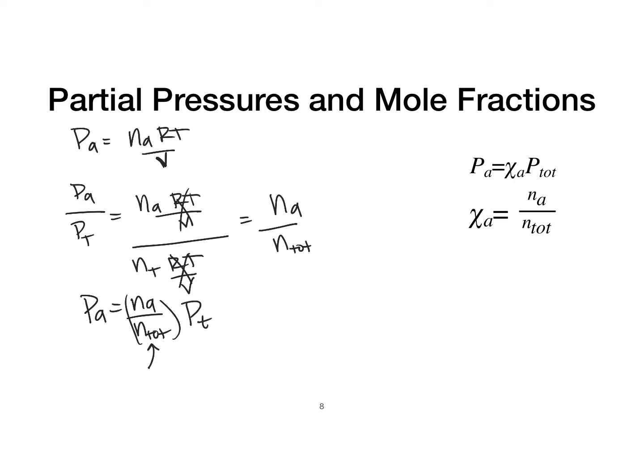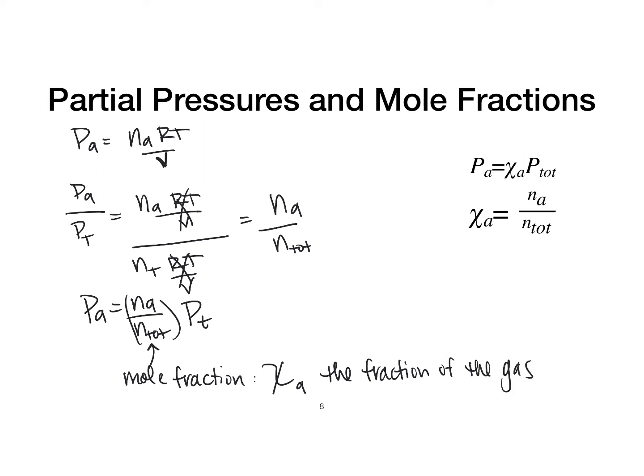This right here is called the mole fraction. And we tend to annotate that as the Greek letter X, so chi A. This is the fraction of the gas, we'll call this the fraction of the total gas for any given component.